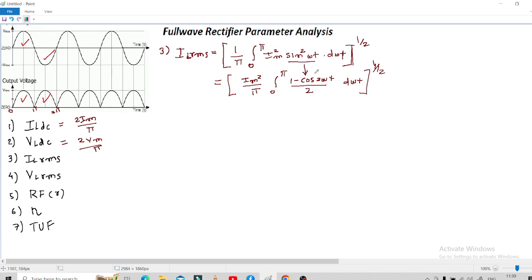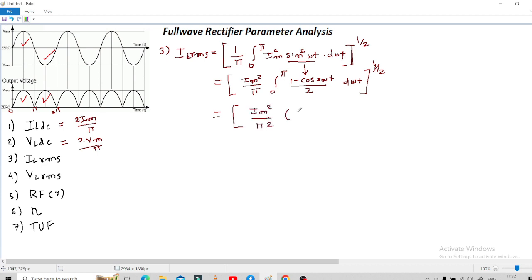Now further solving this, we are getting the output as Im square. At the bottom we have got 2 outside this. Further solving this, we can write Im, and in the bracket we already have Im square divided by pi into 2.